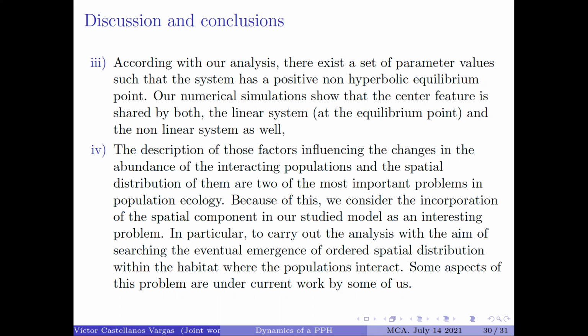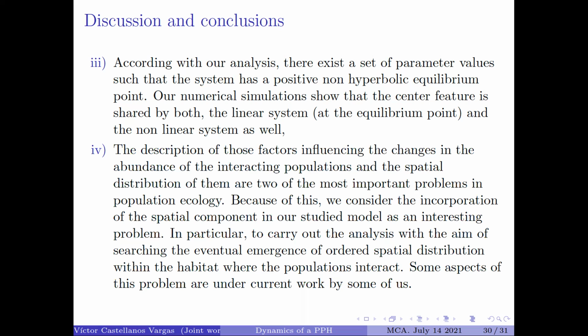Four, the description of the factors influencing the change in the abundance of the interacting populations and their spatial distribution are two of the most important problems in population ecology.